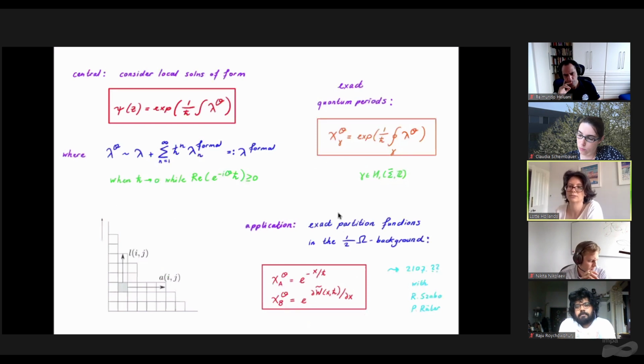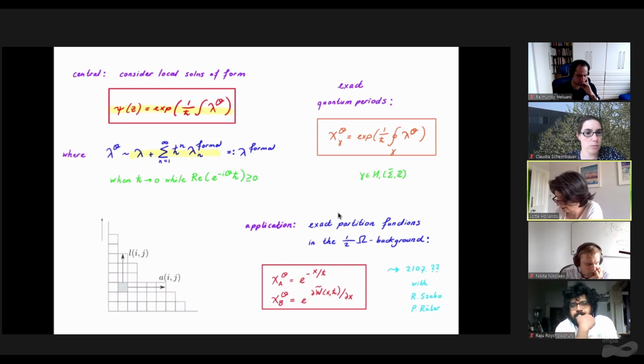So central to the WKB method is looking for local solutions which have a particular form. They are of this exponential form, where the one form lambda theta can be approximated as a series expansion in the parameter h bar.